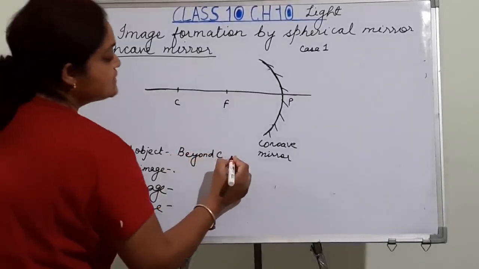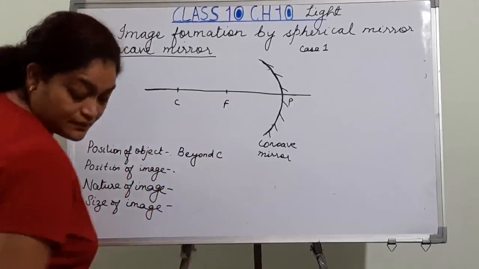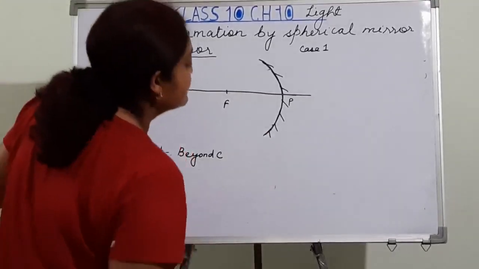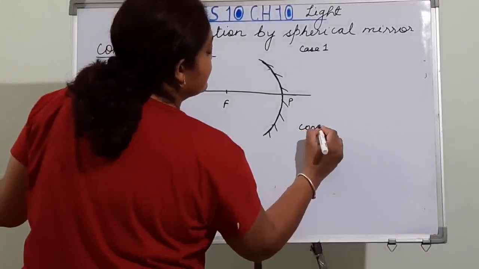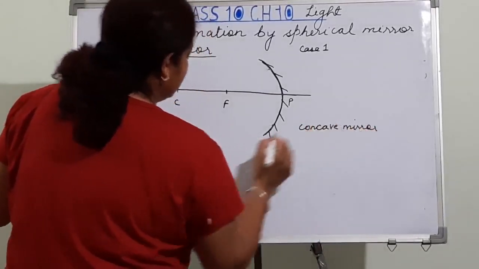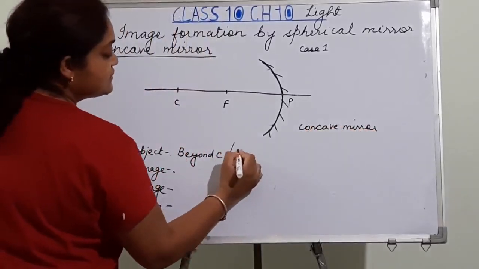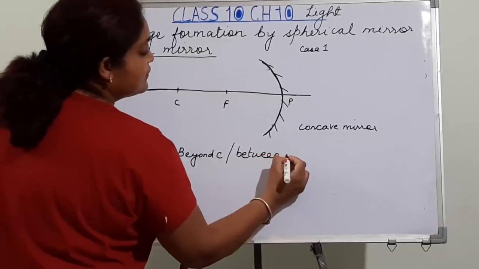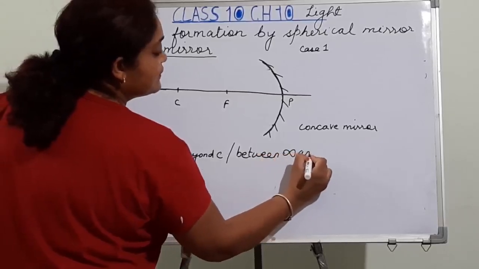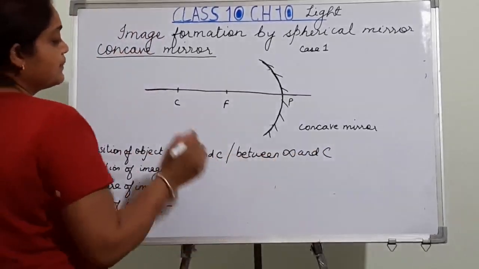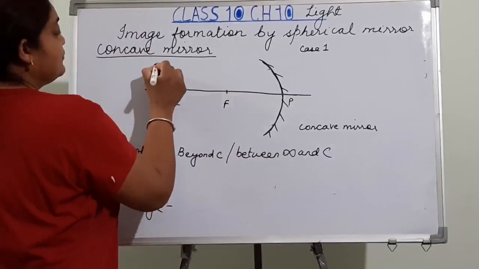Beyond C, we can write it as between infinity and center of curvature C. This also can be said. So this is object.